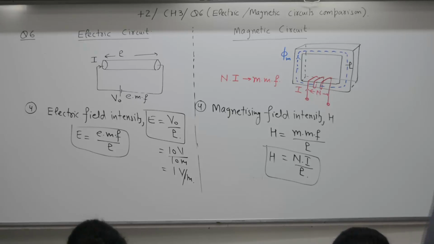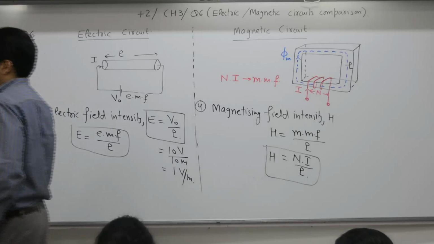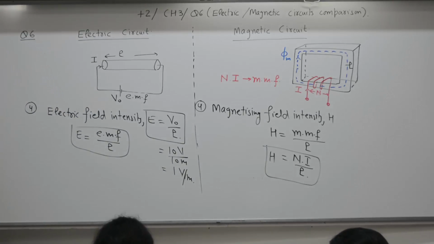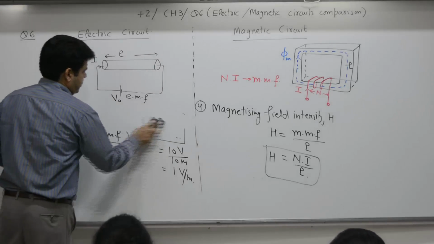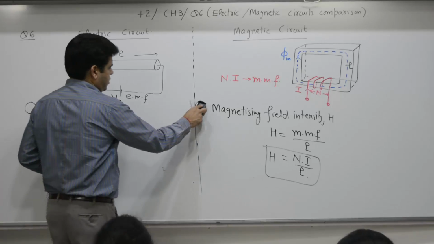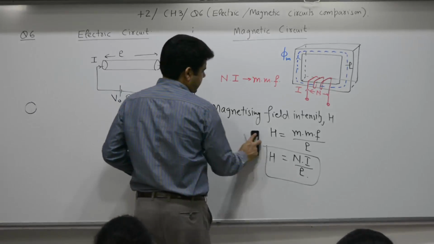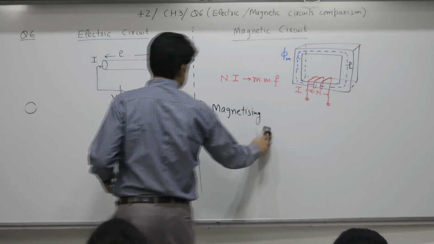Point number 5, yes. Point number 5 is what? Current density. Its equivalent for magnetic circuits is what?